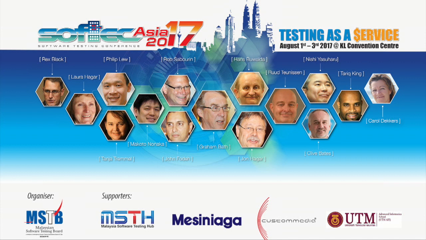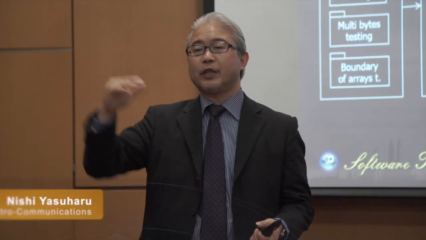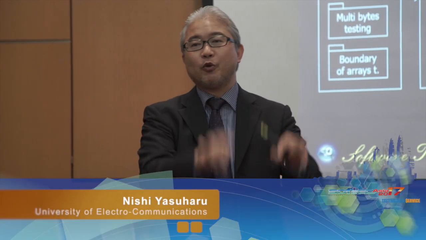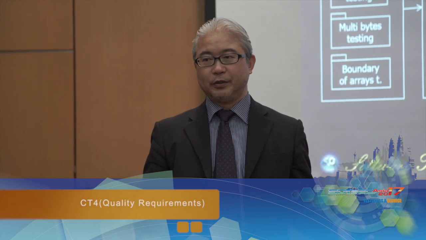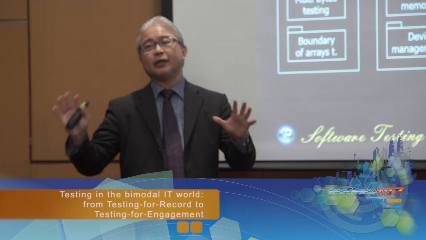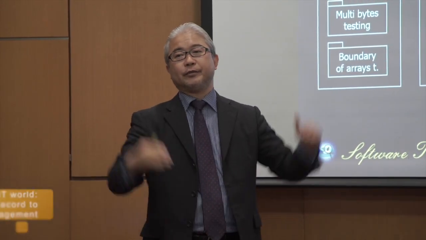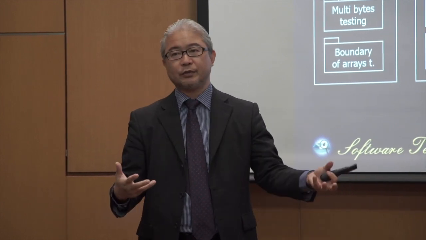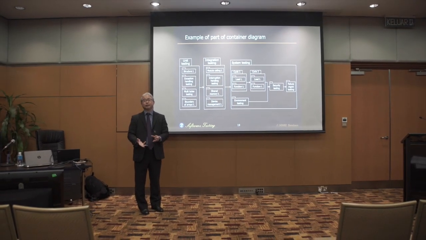In such a document, you define test levels or test types in natural language on Microsoft Word. But you can't grasp the holistic structure of test levels and types without any diagram.